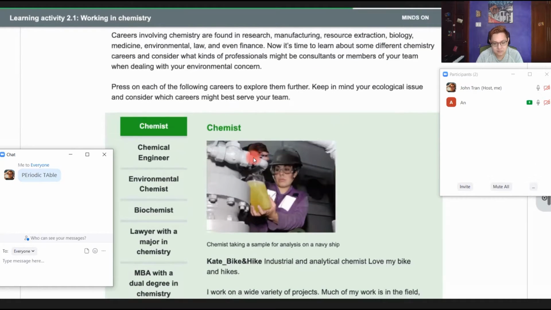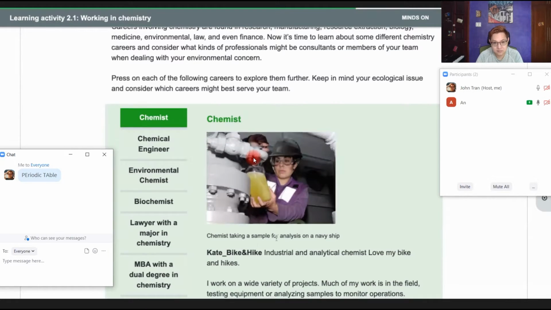Chemists taking a sample for analysis on a Navy ship. Basically, they have to analyze a lot of things everywhere. For example, on a Navy ship, you take samples of, say, water for the people on board to drink. We need to see if the water is of good quality, not contaminated, not dust or poison in there.